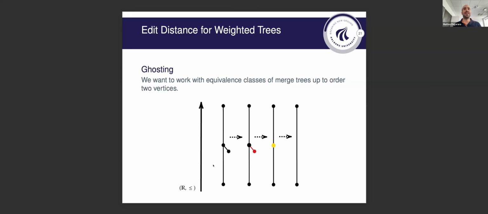This is just to give you an intuition on why this ghosting edit, this fact of splitting and removing vertices, merging edges, is important. Consider this merge tree here and this merge tree here. We can consider this merge tree as being extracted from just a simple monotone increasing function, which gives this merge tree here.